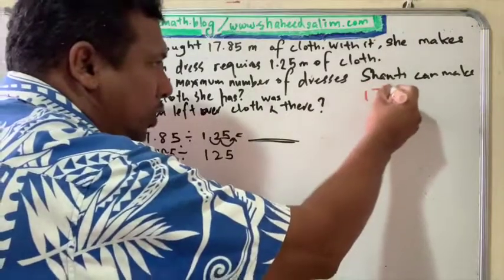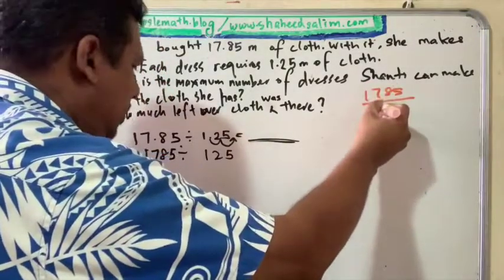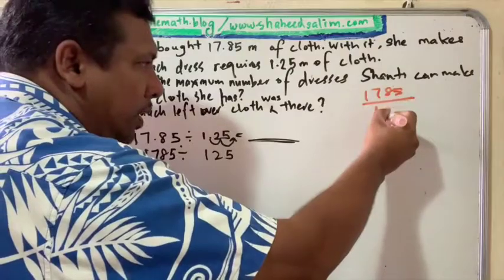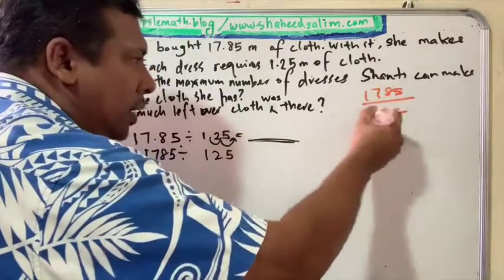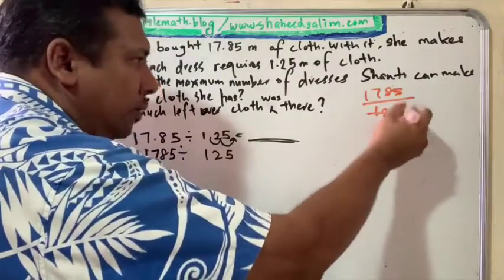Okay, let's divide it then. But before that, let's reduce this. 1785 divided by 125. Divide by 5, you get 25.